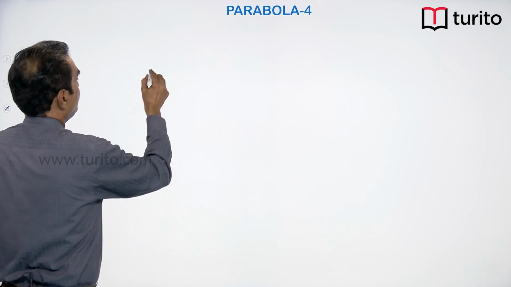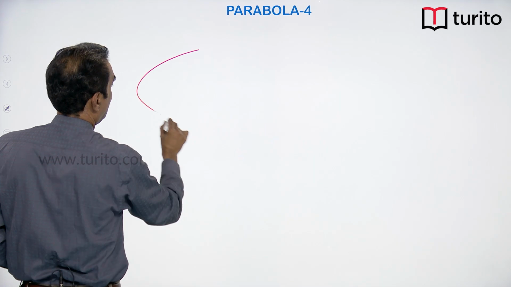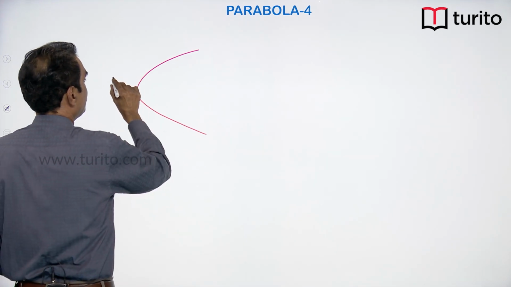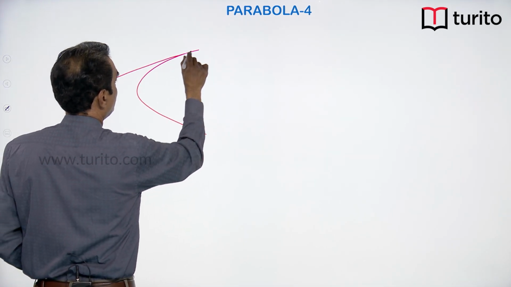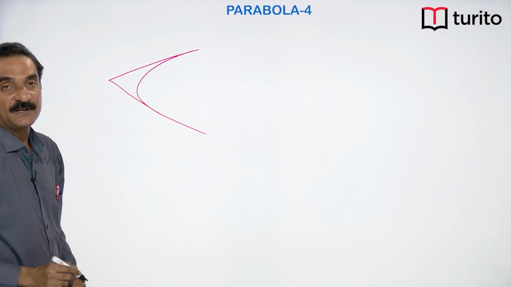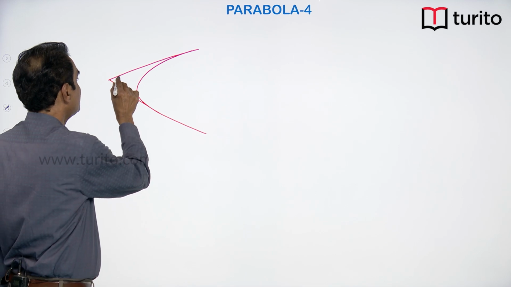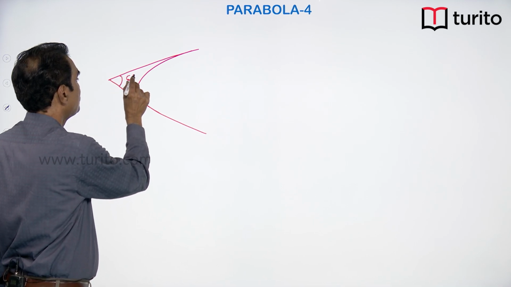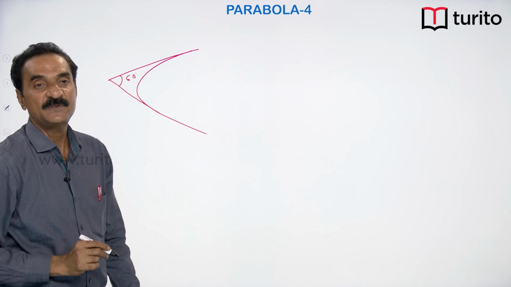Let us take a parabola like this. If two tangents are drawn intersecting at an angle 60 degrees, then what is the locus of this point of intersection?